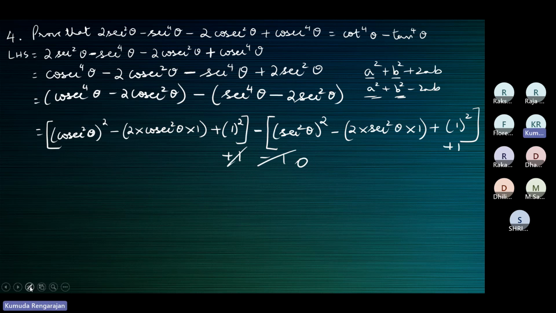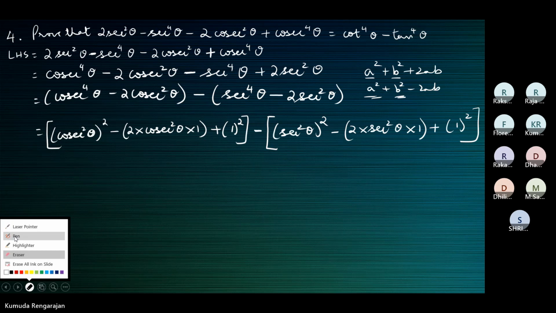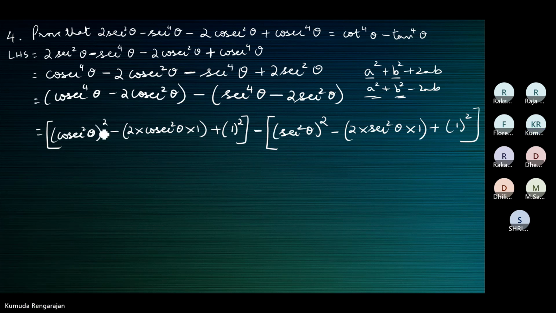So though we have added the b square term to both the brackets, the effect is 0, because in one bracket we have plus 1, and in the other bracket also plus 1, but there's a minus outside that bracket. So it's like 1 and minus 1, which is 0. That means though visibly there are some changes, we have not changed the value of the expression.